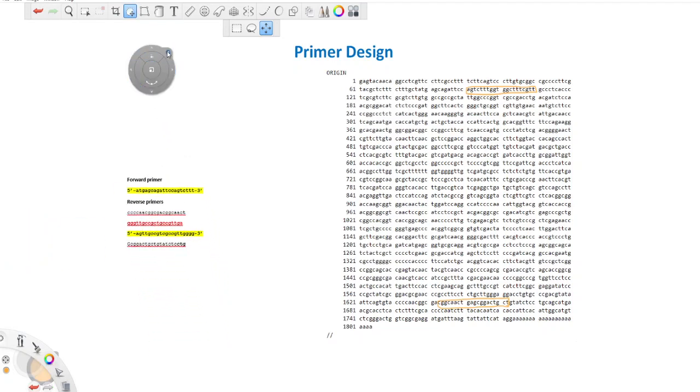What you would notice is that for my forward primers, since I selected the sequence, ideally what I would have to do now is to provide a complementary of this, which is actually going to be my actual primer. Then I'm going to have T, A, C, A, G, and so forth.